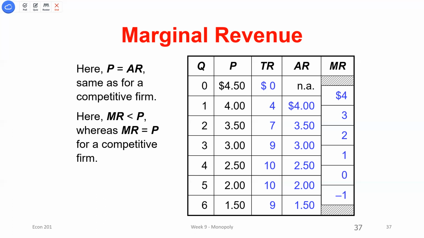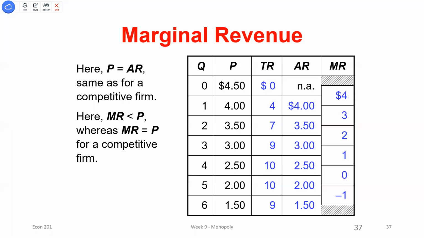So how do you get that? I'm going to look at the change in total revenue and divide that by whatever the change in quantity was. If I'm going from 0 to 1 units, the change in quantity was 1, the change in total revenue is 4, and 4 over 1 is 4. If instead I had quantities of 10 here, it would be the exact same thing, but every time I would divide the total revenue by 10 units.